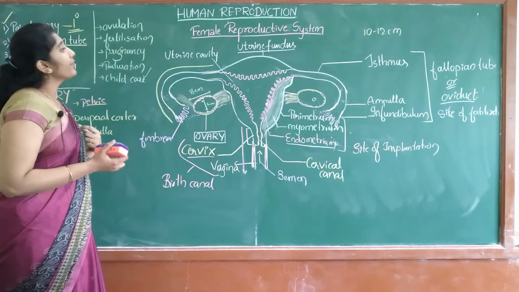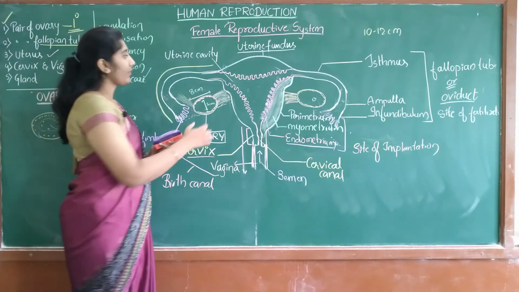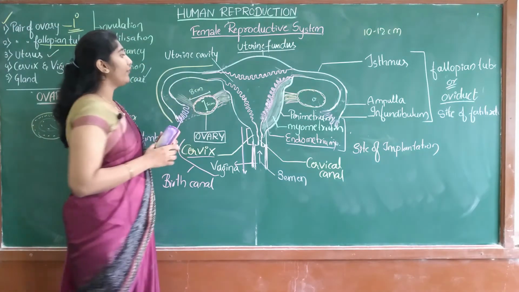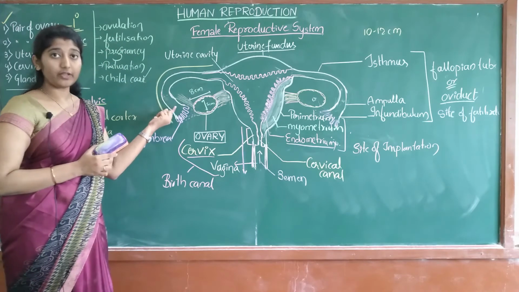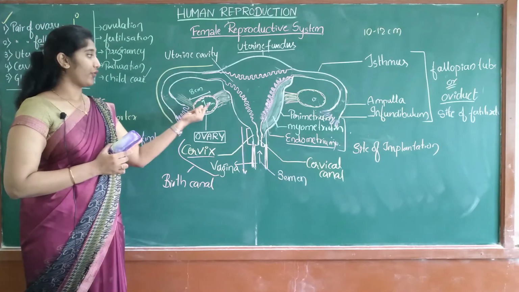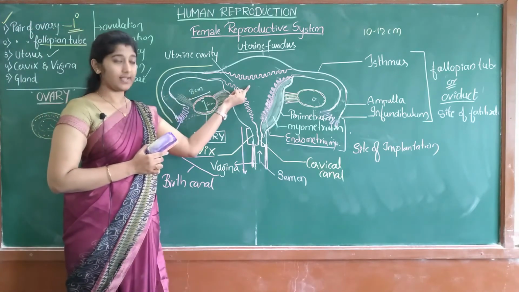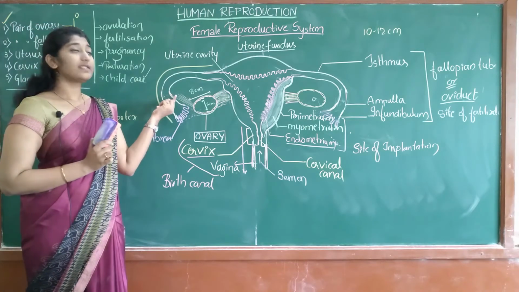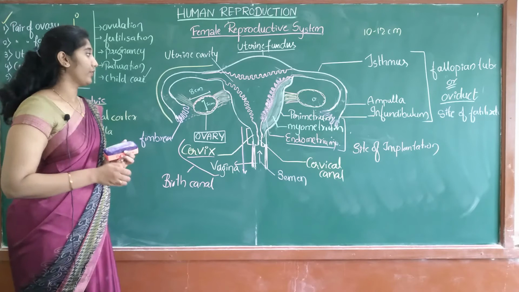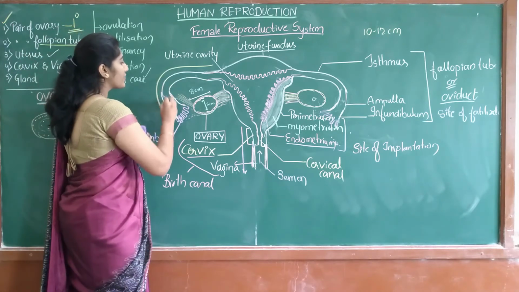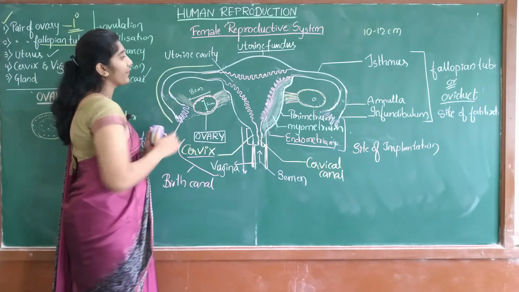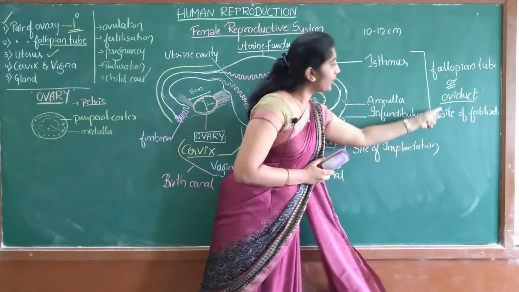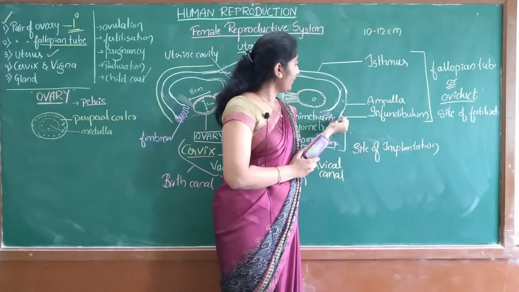The next is the uterus. Fallopian tube. The fallopian tube is the duct which carries the egg from the ovary to the uterus, and as oviduct, it is the site of fertilization. It also consists of 3 portions. We study the fallopian tube in 3 parts.